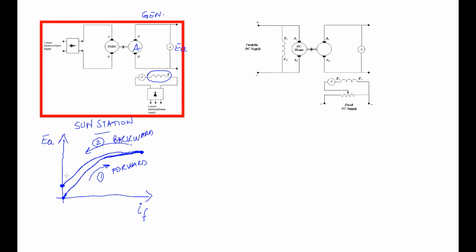We go backward towards zero, and the characteristic will follow another path and will end up at a certain value here, which is different from zero in terms of voltage across the armature. So that's the experiment to be done today, inshallah, using this shunt station.